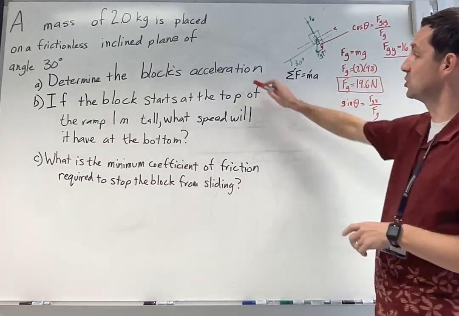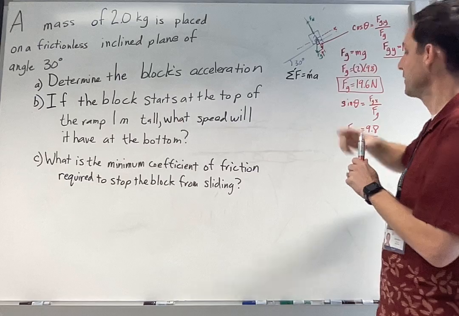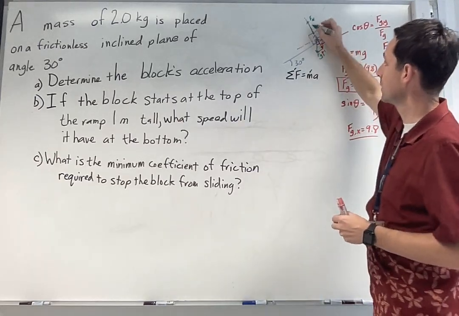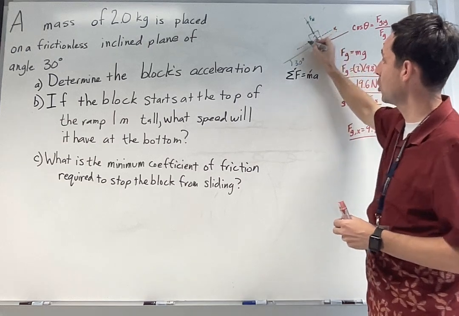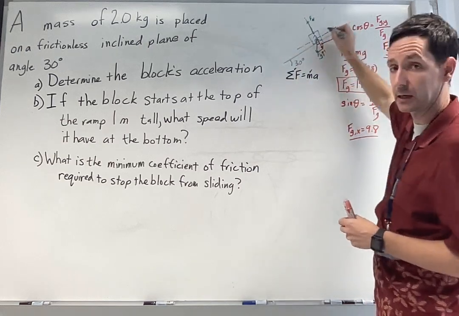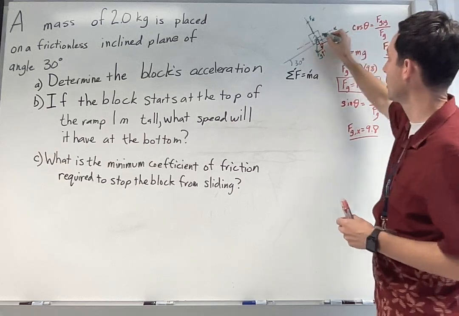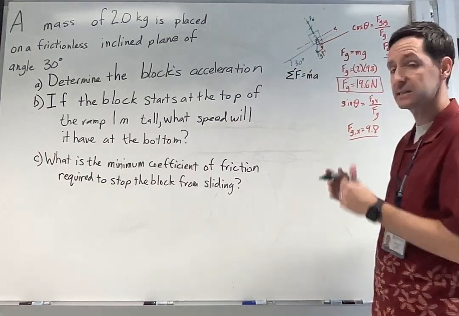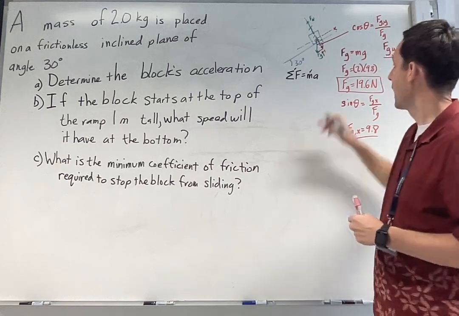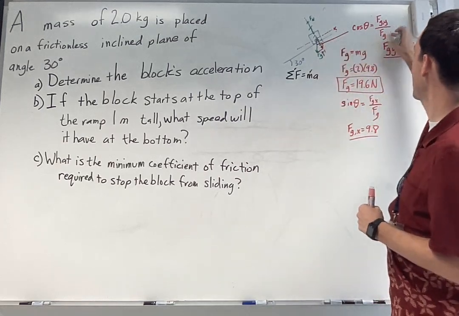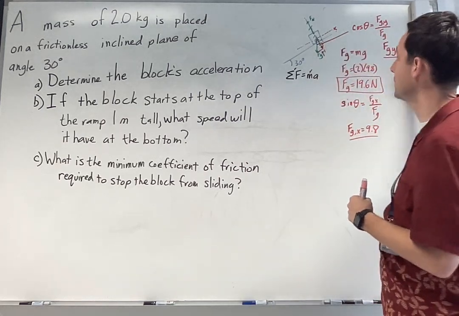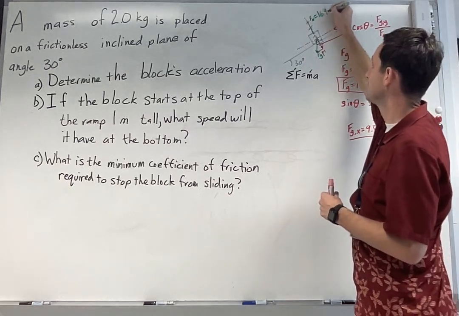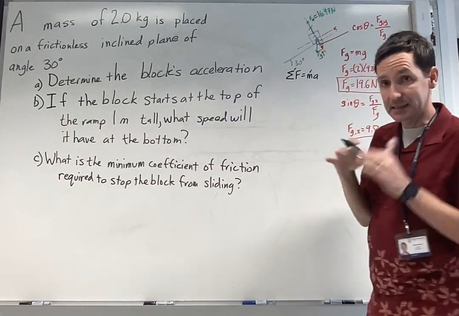All right, so I'm going to use both of those here in a little bit, but let's go ahead and first do this one, right? If we're looking at my forces here, the block is only sliding horizontally. It's only going along my x-axis, which means that the y forces must balance, right? I just found the y component of gravity, which was 16.97. That must mean that the normal force is also 16.97, right?